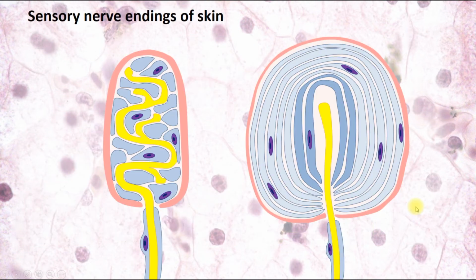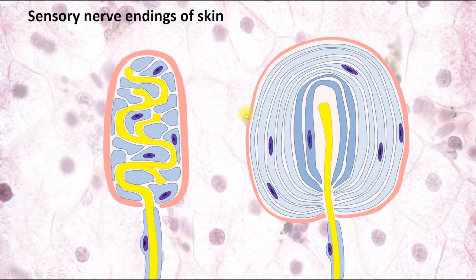But let's look at another type of sensory structures. There are sensory or receptor nerve endings which are usually located inside the skin, but they also may be present in other organs. Here we can see a dendrite of a nervous cell, branched or unbranched, and also special glial cells which surround this dendrite, and a connective tissue capsule.